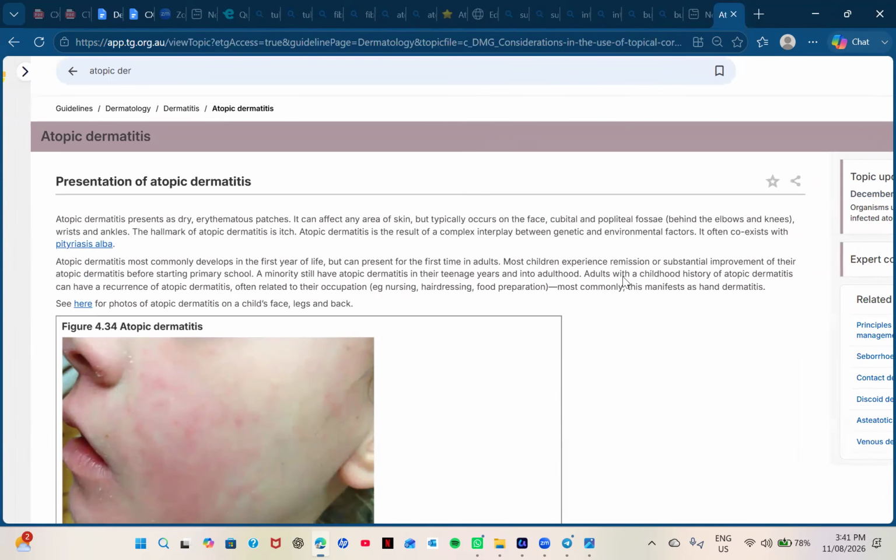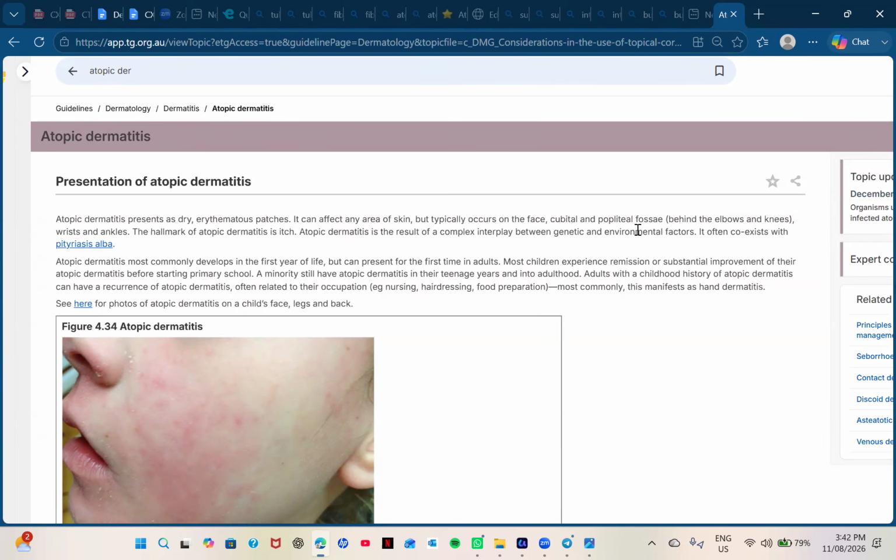Most children experience remission or substantial improvement before starting primary school. It can affect any area of the skin, but typically occurs on the face, the cubital fossa, and the popliteal fossa behind the elbows and knees. The hallmark of atopic dermatitis is itch.